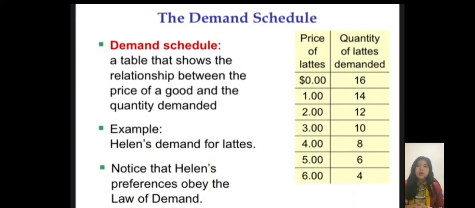The demand schedule. Demand schedule, a table that shows the relationship between the price of a good and the quantity demanded. The example: Helen's demand for lettuce. Notice that Helen's preferences obey the law of demand.